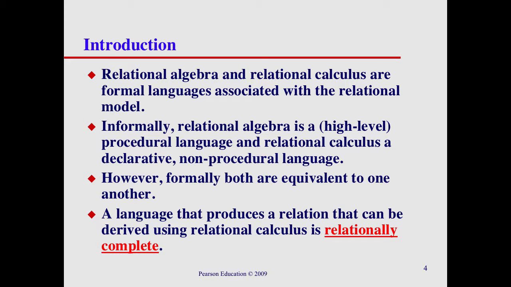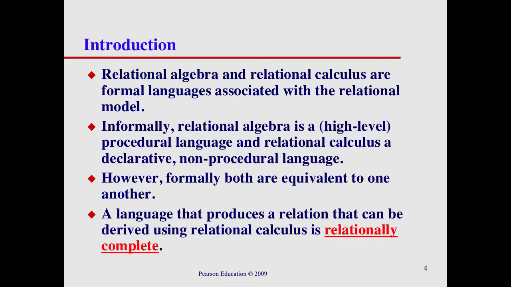So relational calculus came first. Relational algebra came later and was meant more as a high-level procedural query language. The relational calculus is a non-procedural or declarative language. The relational algebra is procedural, but at a high level.